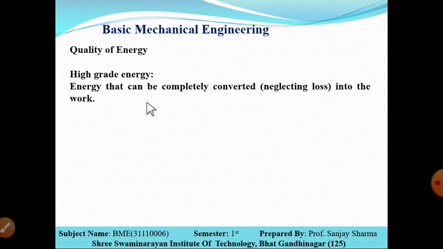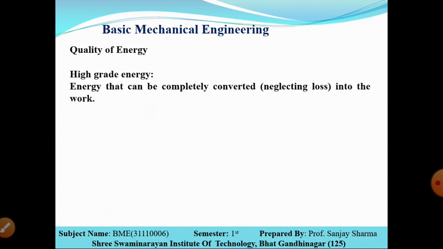For example, mechanical energy is converted into kinetic energy. When we are completely successful in converting mechanical energy into 100% kinetic energy, then that is termed as high grade energy.